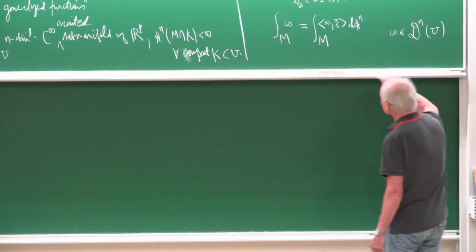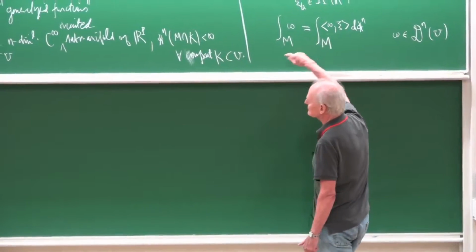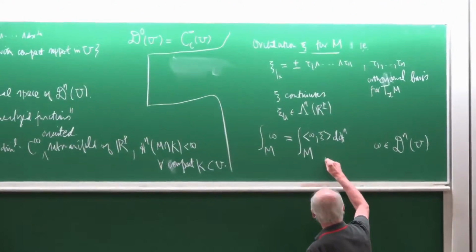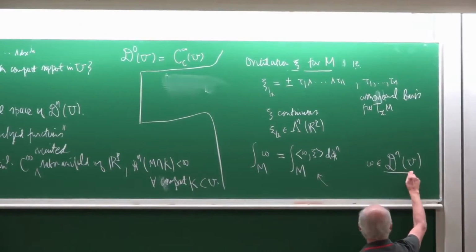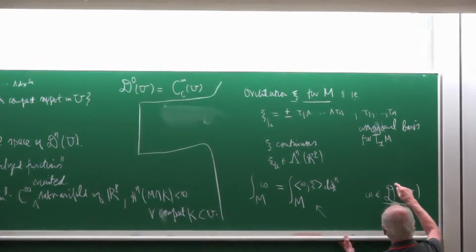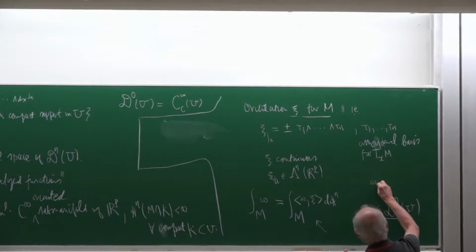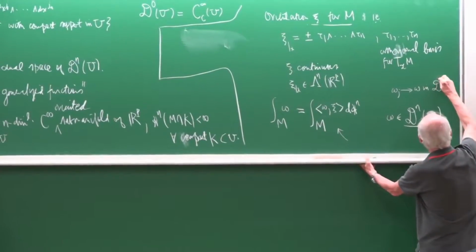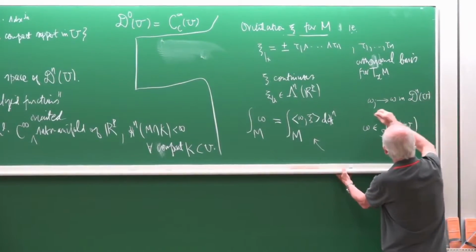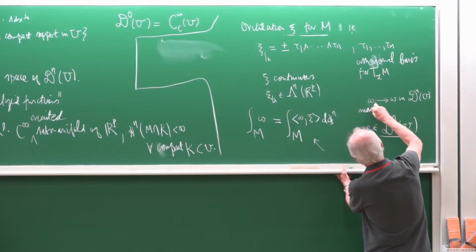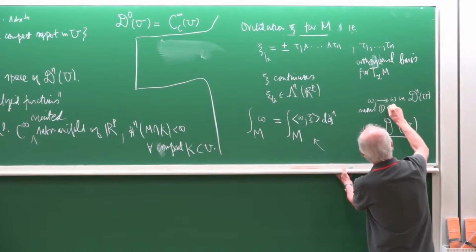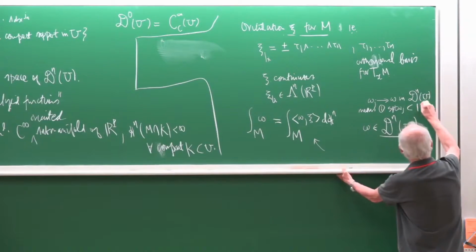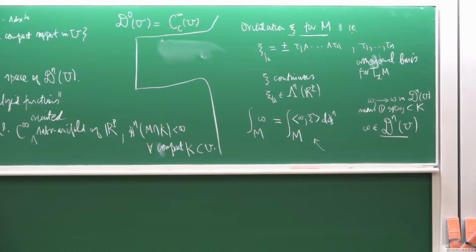And notice that this really is a linear functional, and it's certainly continuous. So observe, this is clearly continuous in this space. Remember, this space is topologized by saying that omega_j tends to omega in D^n(U) means two things. One, that all the supports are contained in a fixed compact set independent of j.